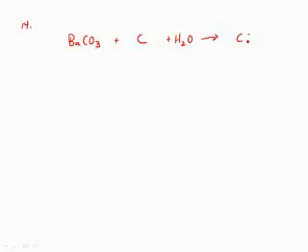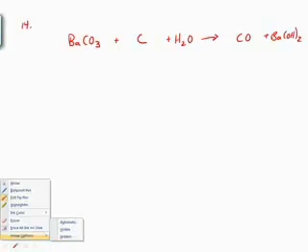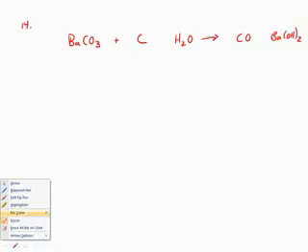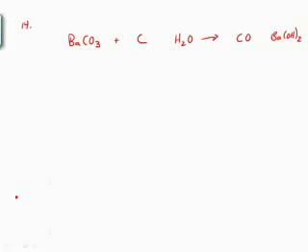Yield carbon monoxide and barium hydroxide. While I'm doing this, let me move our little plus sign out of the way so I can go back and put it there. I have a little more room that way.